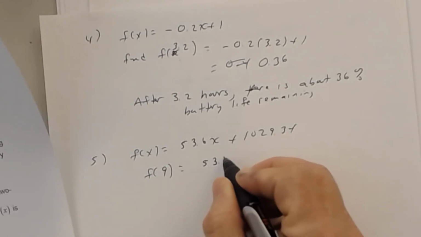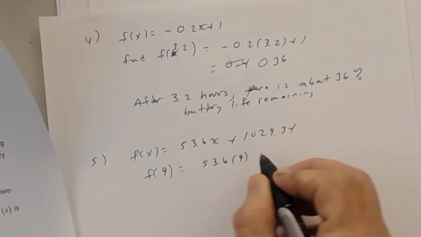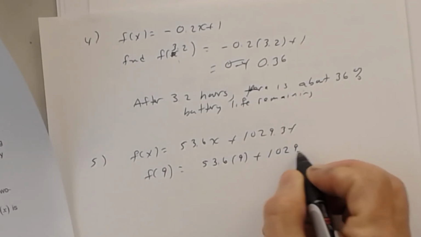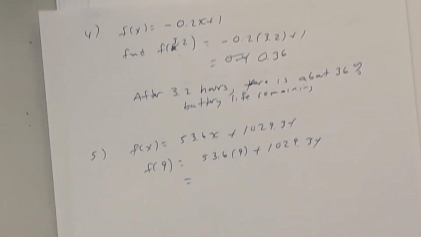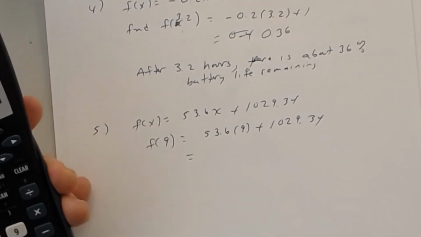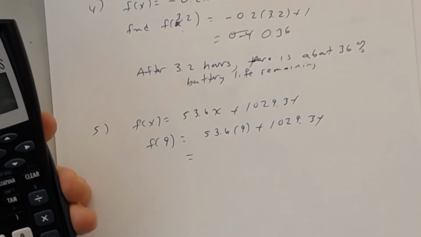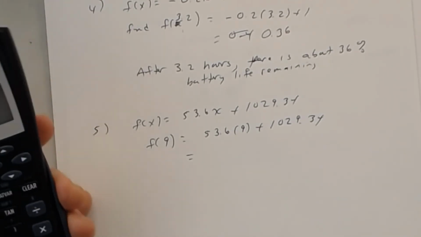So you can say 53.6 times 9 plus 1029.34. So f of 9, because remember that's the number of years after 2009, is 2018.